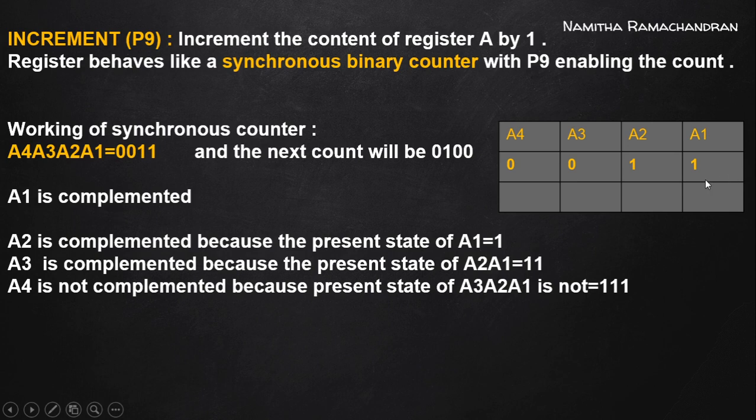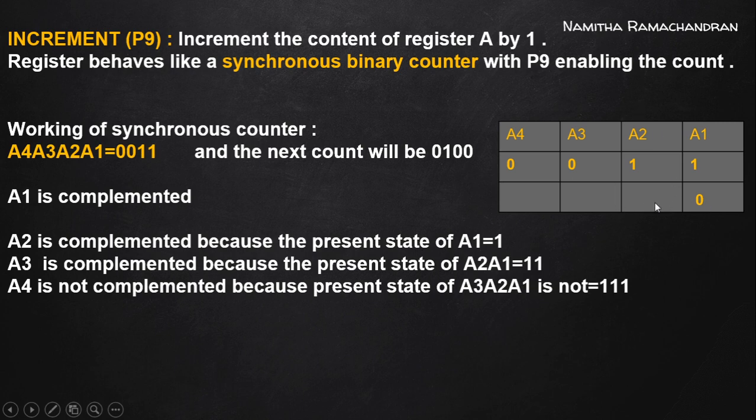So consider this example. This is the present state 0 0 1 1. Okay, so by following this principle, we need to always complement this LSB bit. Whatever value is present here, we need to complement it first.